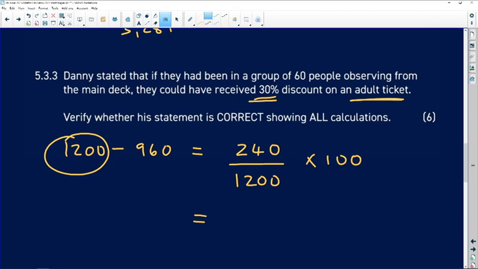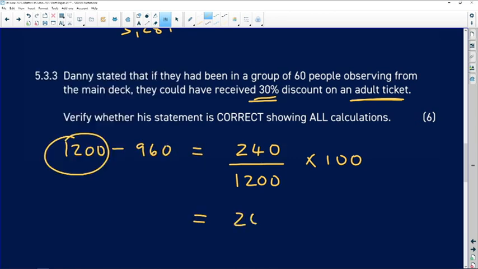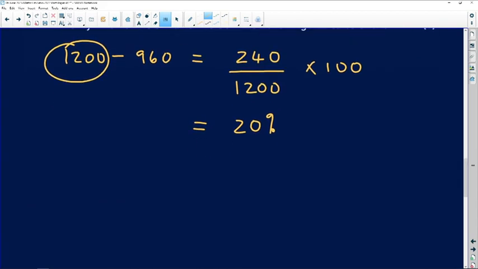If you use your percentage difference formula, it should also help. 240 all over 1,200 multiplied by 100 is 20. So the discount would have been 20%. He is saying that they would have gotten a 30% discount. So no, his claim is not valid.